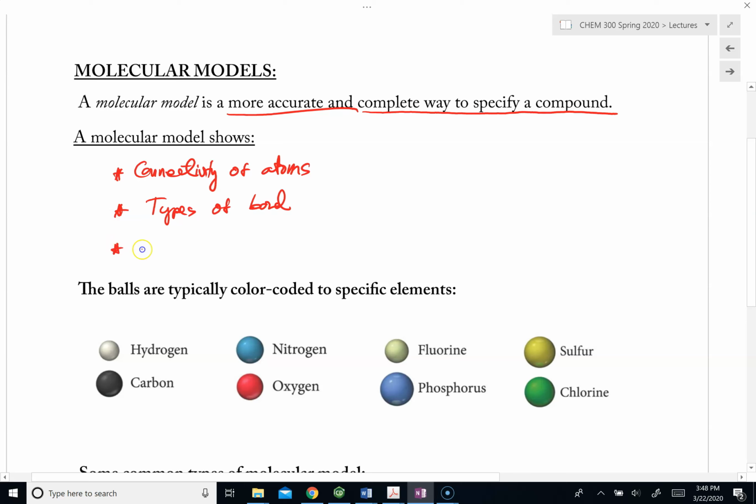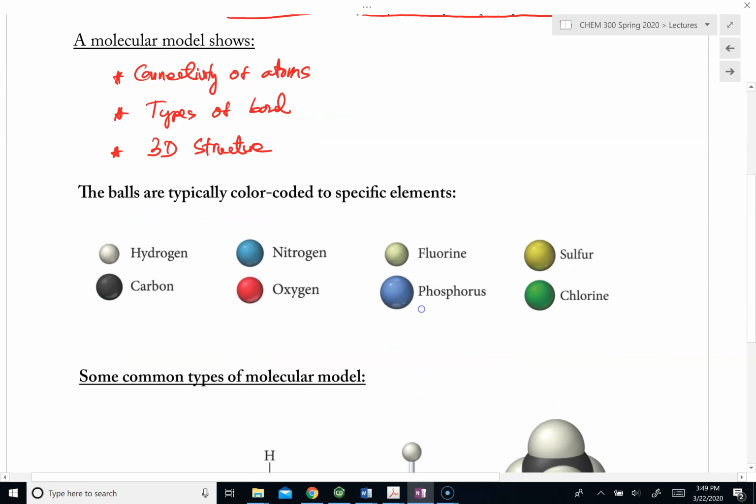Furthermore, it also tells us the 3D structure of a molecule. So a molecular model is a very accurate way of specifying the structure and providing a lot of information about chemical substances.